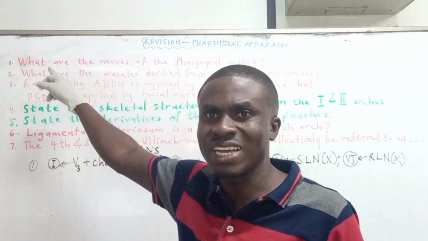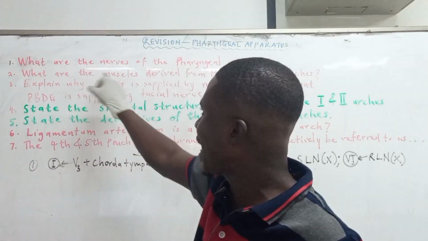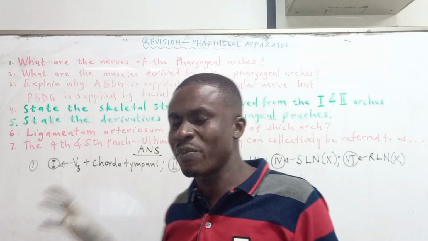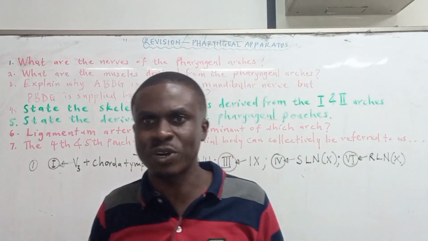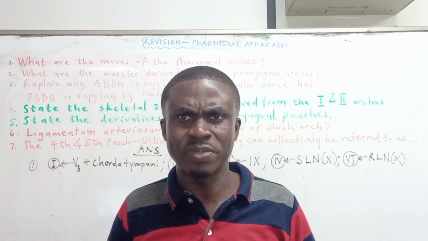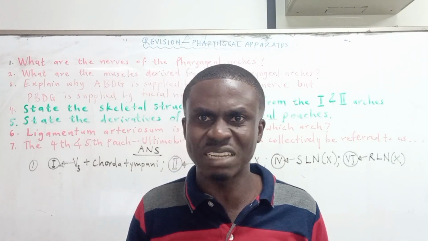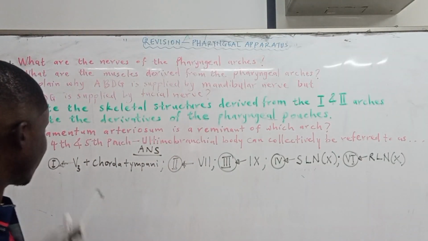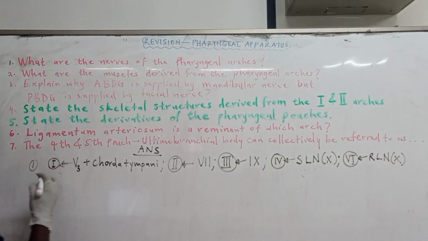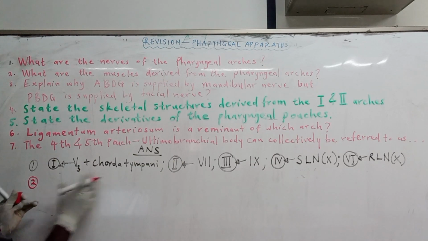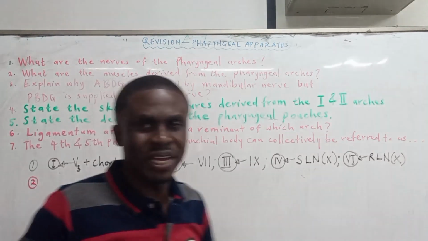Now quickly, if you go to the second question, it says, what are the muscles derived from the pharyngeal arches? So from each of these pharyngeal arches, what muscles arise from them? That is what we want to understand. So for question number 2, if I take the first pharyngeal arch, what muscles will be derived from it?